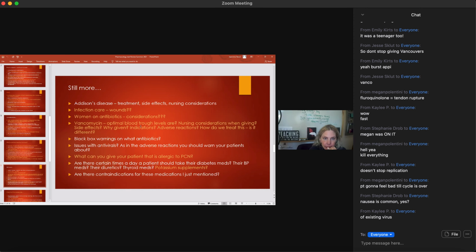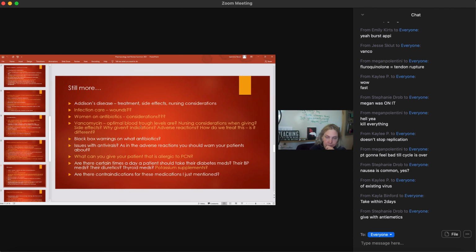Yep, those are correct. Not just, but yes. But the big thing is really that, yes. Adverse reactions is all that kind of stuff. Because unfortunately, it doesn't know what it's attacking. So antivirals are good at doing everything. What do you give your patient that's allergic to penicillin?